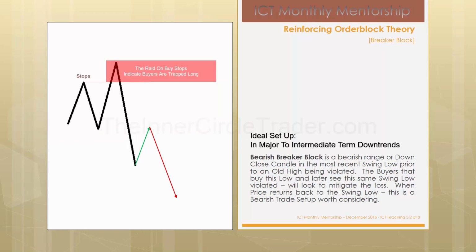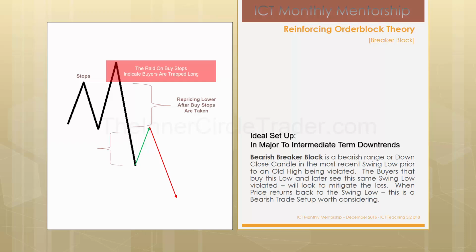The salient points are what we're looking for is an old high to be ran out or a false break above an old high. This raid on buy stops indicates buyers are trapped long. We know this is true when the market quickly does a repricing. That's seen here. Repricing lower after buy stops are taken, that is a confirmation that we are potentially seeing a new breaker forming.